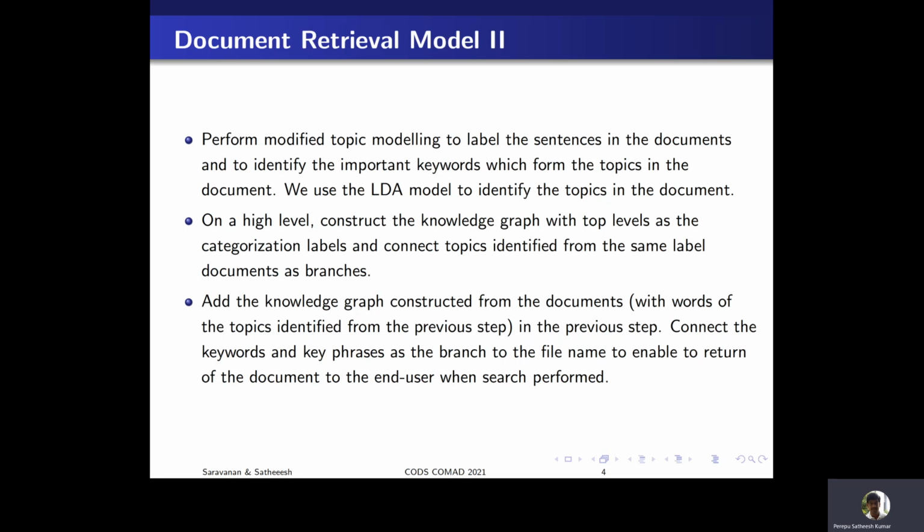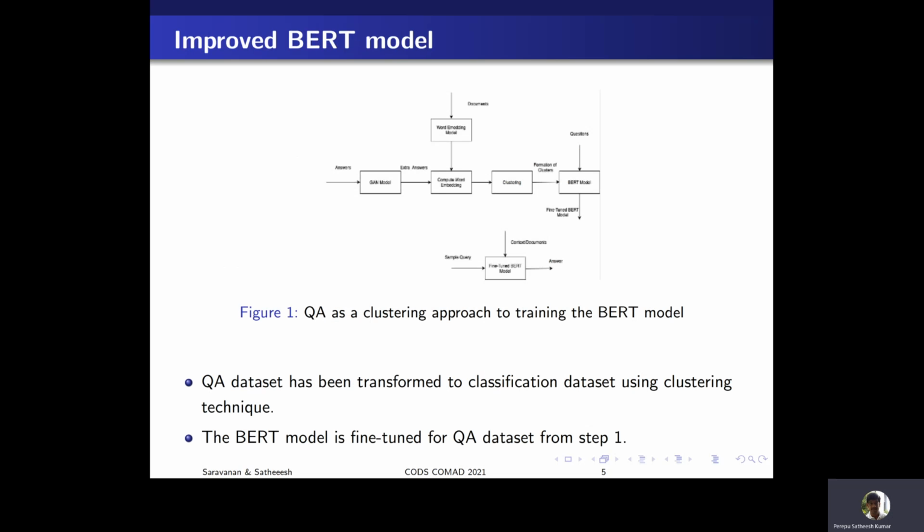Now, in many cases, it's not only necessary to give the documents to the service engineers, because if a document is very lengthy, the service engineer has to spend so much time scanning through it. So why can't we give direct answers to the questions the service engineer is asking? For that, we used a BERT model, but BERT is a generic model, so we need a fine-tuned BERT model.